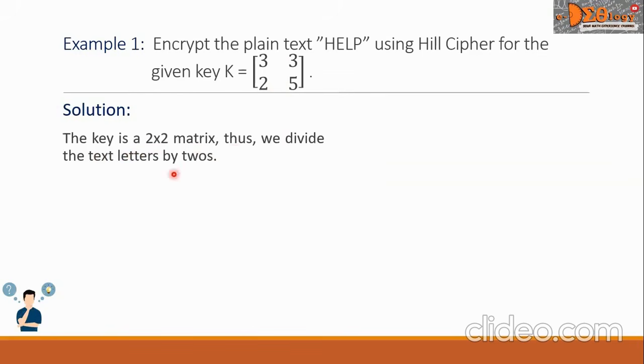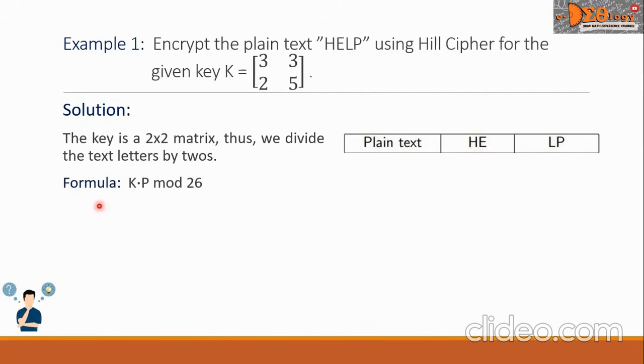Thus, we divide the text letters by 2's. Meaning, the word HELP is now separated into the first group HE and another group LP. Then we write here the formula for the encryption, K times P mod 26.